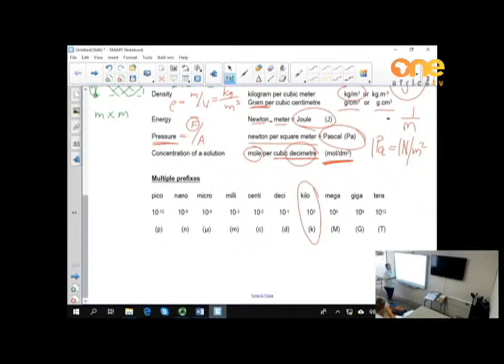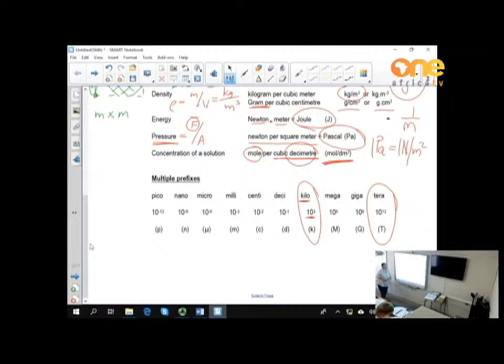No. So the prefix kilo implies we have 10 to the power 3 of the basic unit. Okay. Less well-known ones, if you're into computers, you'll know what a terabyte is. A terabyte is 10 to the power 12, 12 zeros. Okay, lots of them. Yes, okay.